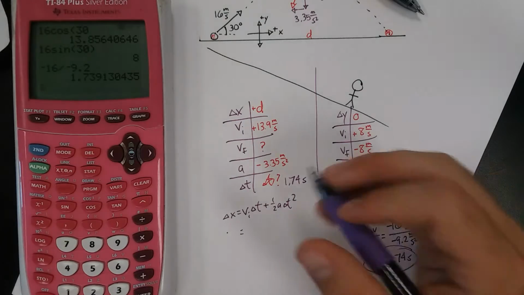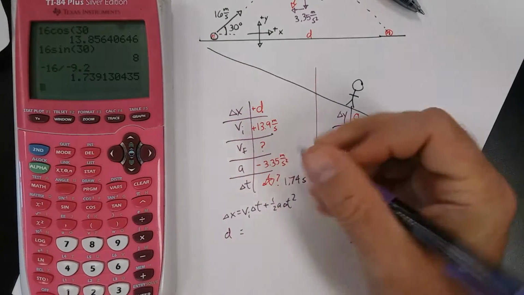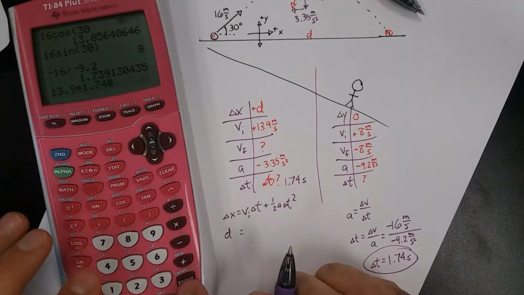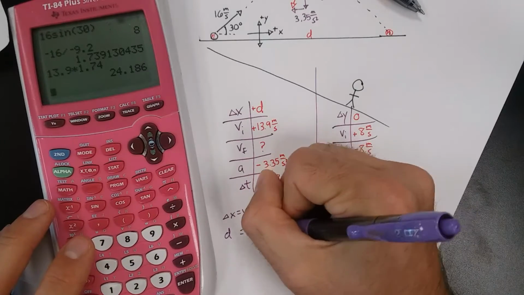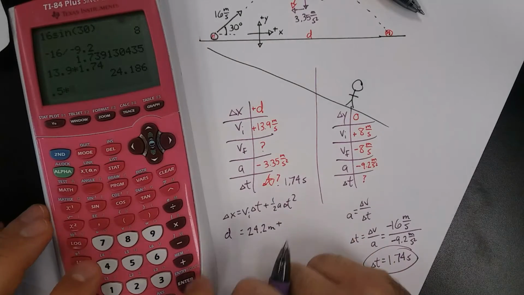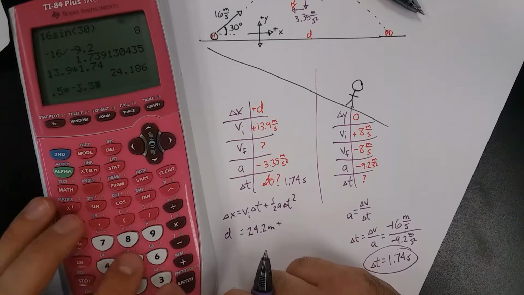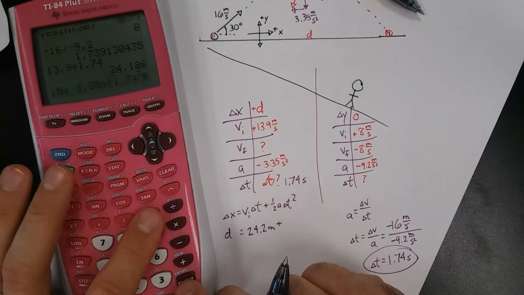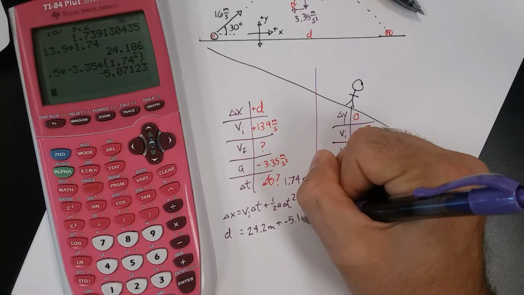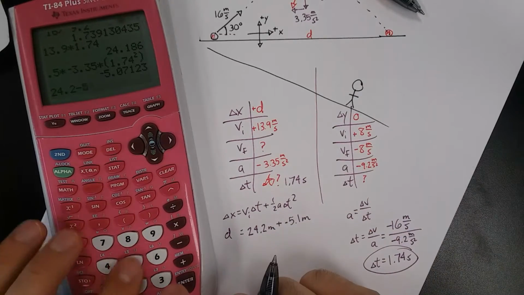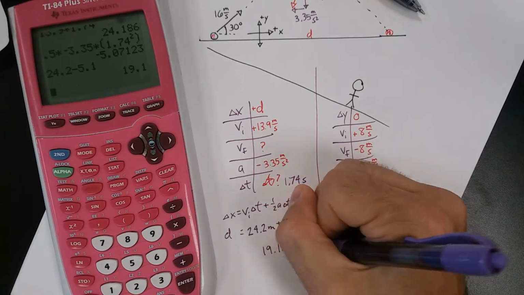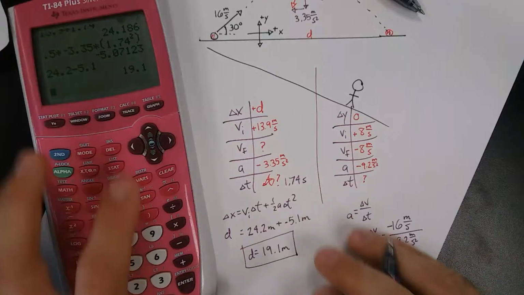Delta x then is d equals 13.9 times 1.74, 24.2 meters plus 0.5 times negative 3.35 times 1.74 squared is negative 5.1, and 24.2 minus 5.1 is 19.1 meters is what d equals.